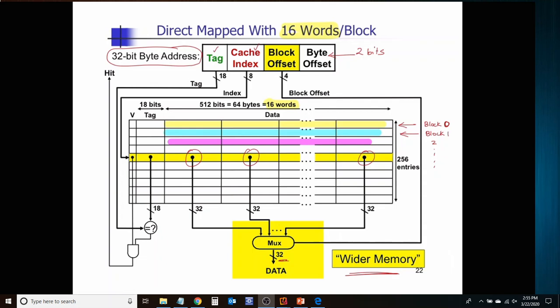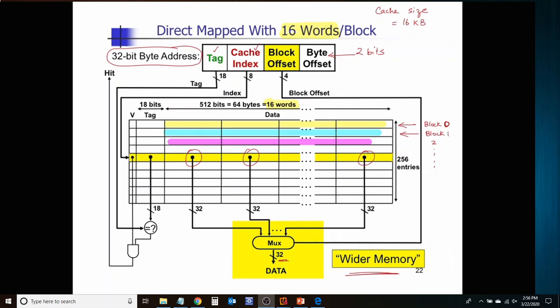So let's suppose that we have a cache size of 16 kilobytes in this particular example. So I'm going to say cache size here, and I'm going to assume that it is 16 kilobytes.